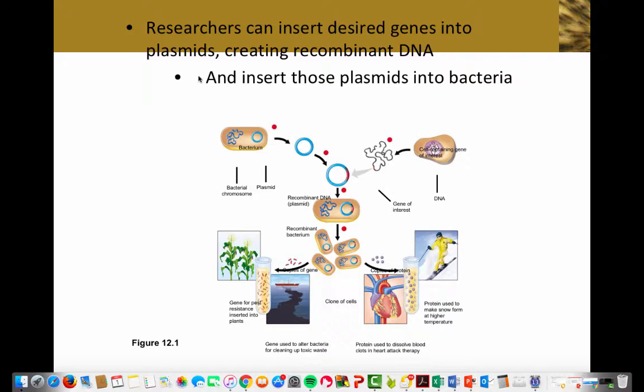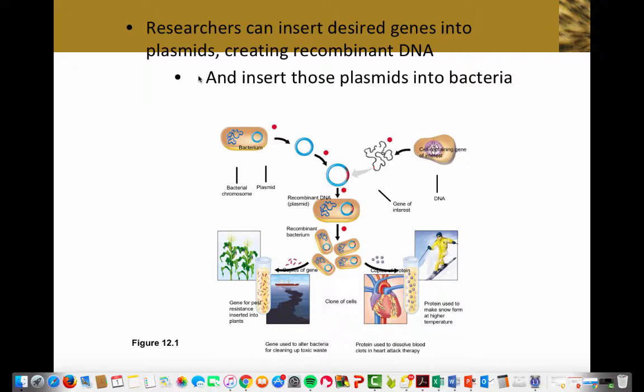So if you put this into a plant, and this gene made the crop somehow resistant to pests or insects, this gene will help keep them alive.